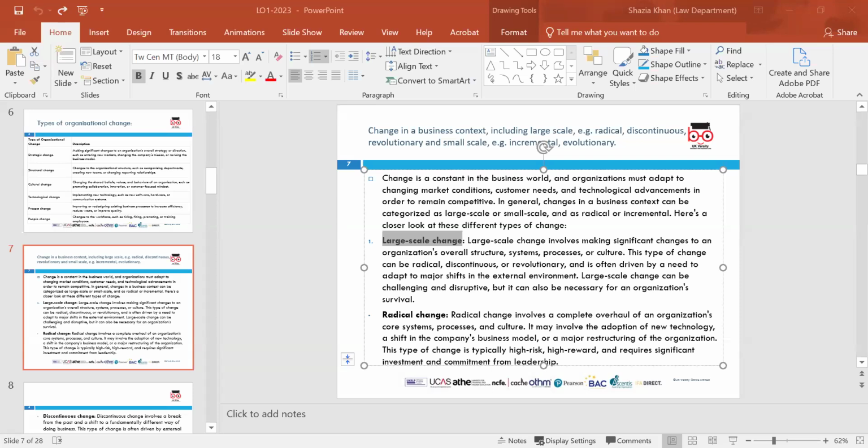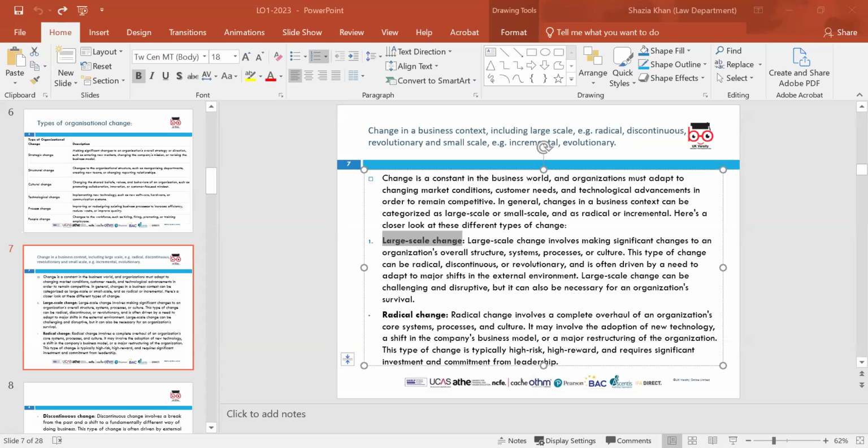Or if there's an organizational change, a radical change in the organization, that could be a large-scale organizational change.